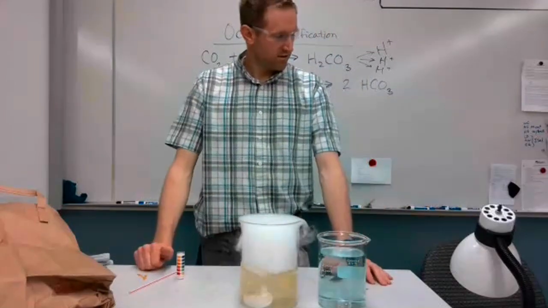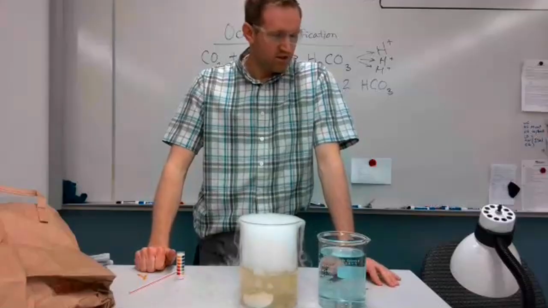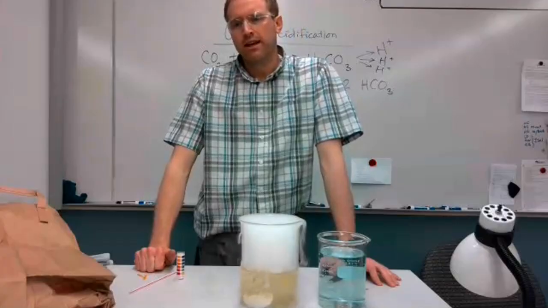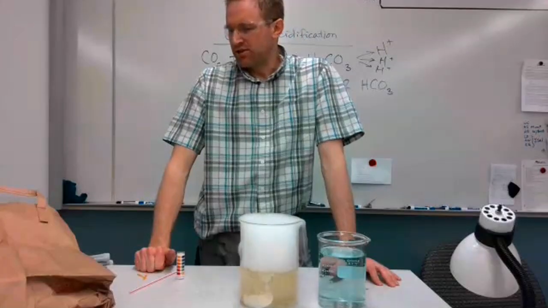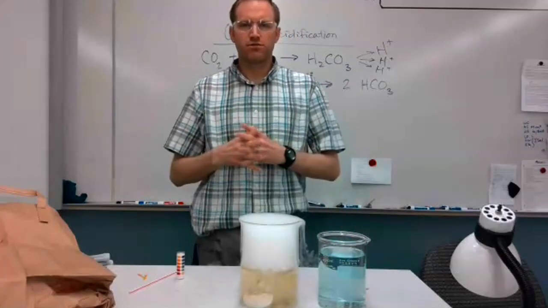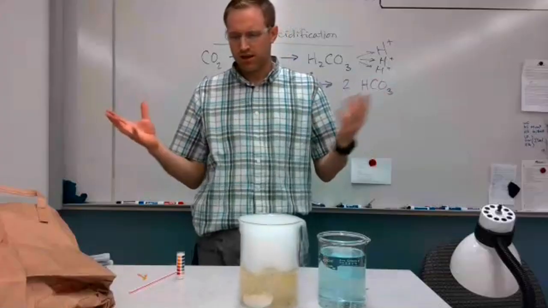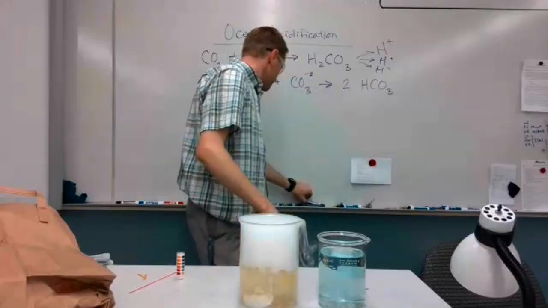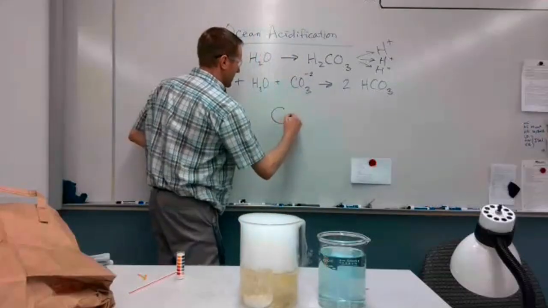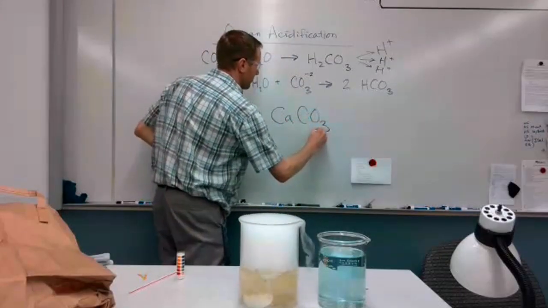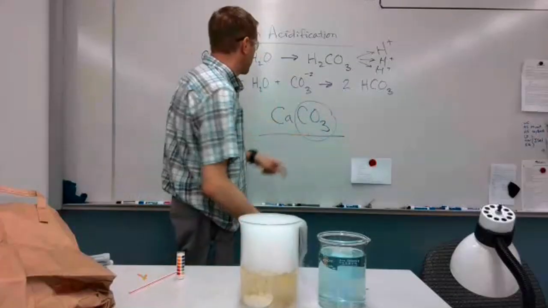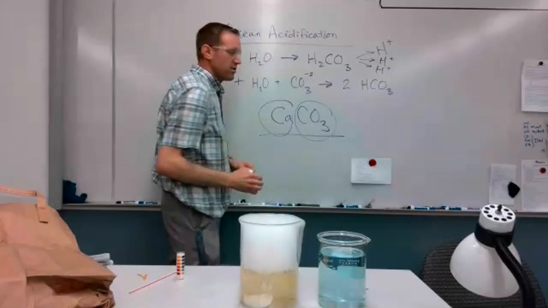All right, well, I hope you guys have enjoyed the demo. One thing to keep in mind is that in the past, little critters in the ocean, corals, mollusks, algae, as they built their shells, those shells are made out of calcium carbonate, right? So they got these carbonate ions from the ocean, and they got calcium ions from the ocean.